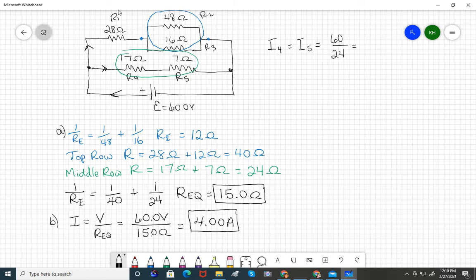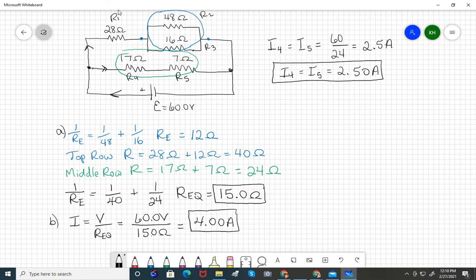And we can see that the current that goes through that middle branch, 60 divided by 24, is 2.5 amps. So we do know that I4, which equals I5, is 2.50 amps. It's part of the answer to part C.